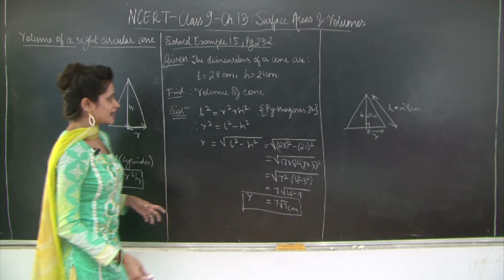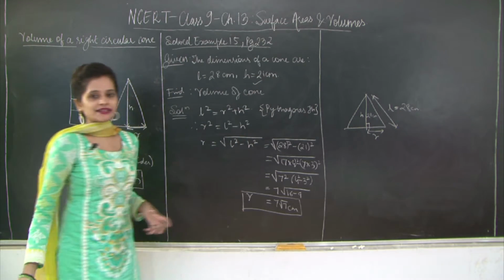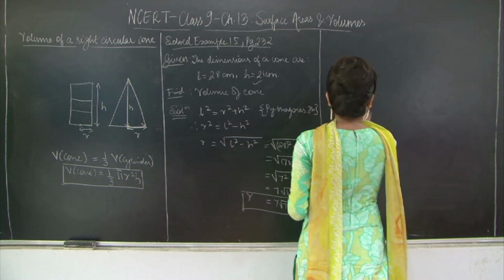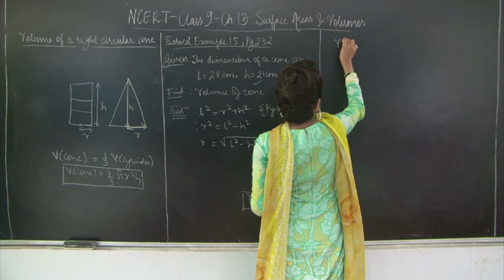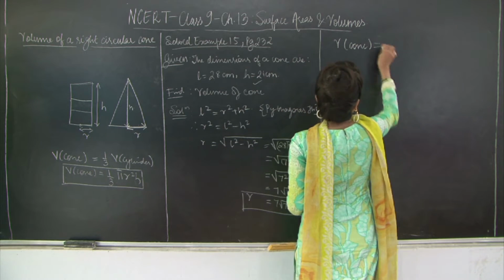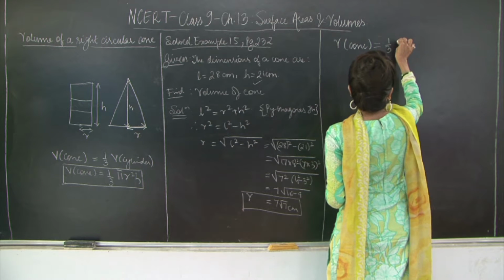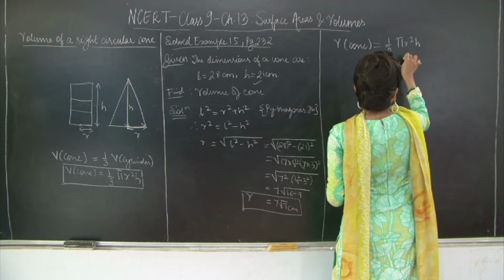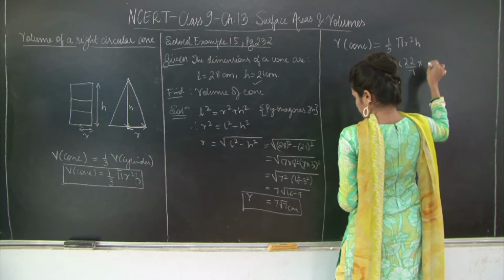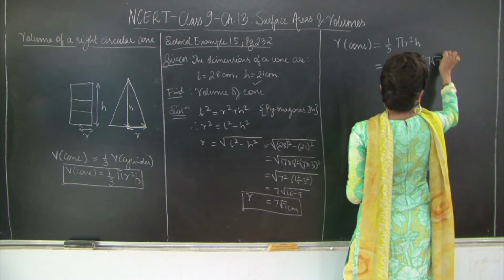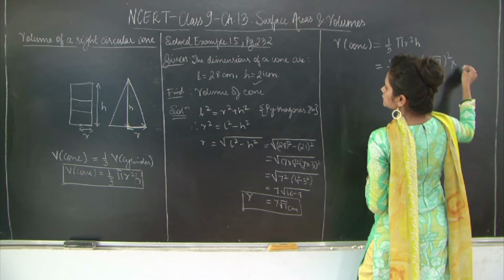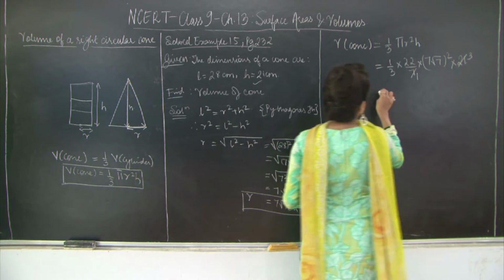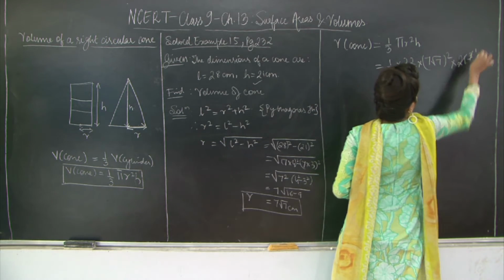So we have the radius and we have the height. We can easily find the volume of the cone, which is 1/3 pi r square h. So I'll say volume of cone is equal to 1/3 pi r square h, which is 1/3 into 22/7 into (7 root 7) the whole square into h, which is 21. So 7 ones are 7, 7 threes are 21. 3 ones are 3, 3 ones are 3.